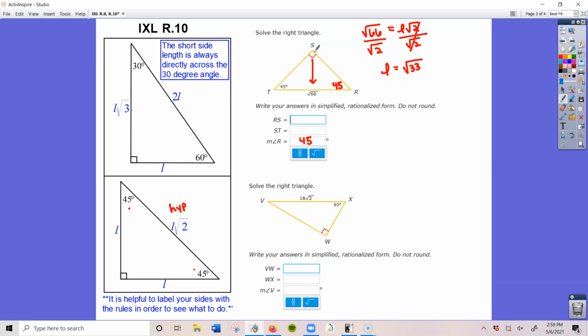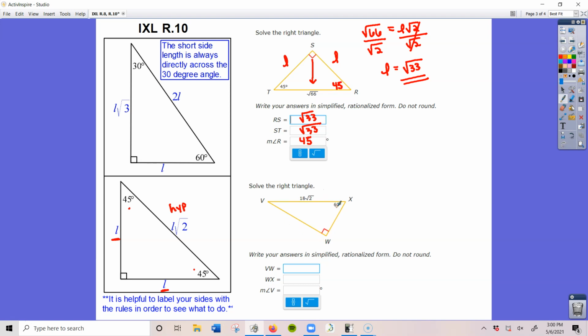Now to figure out RS and ST, I'm going to write the rules for each of these missing sides according to my rules here. Both of these, because this is a 45, 45, 90, are equal to L, which is what I solved for here. So that means that RS is the square root of 33, and ST is also the square root of 33.